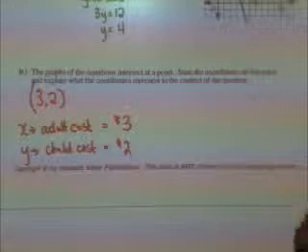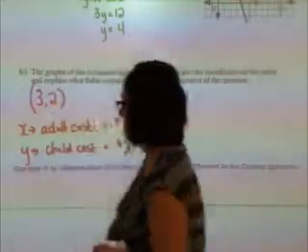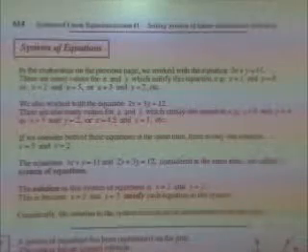So in a system of linear equations, first of all, the definition of a system of linear equations is two or more linear equations. So the equations have to be linear, they have to be straight lines, and I have to have at least two of them. That's the definition of a system of linear equations.